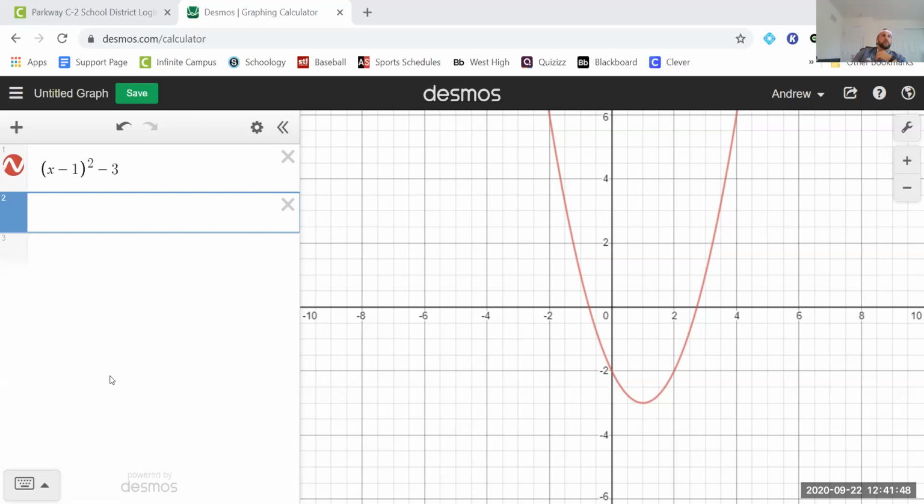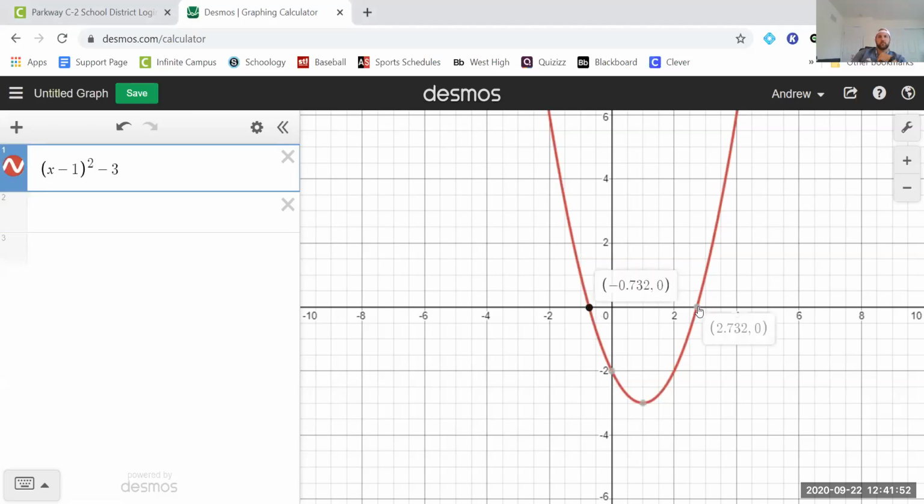The nice thing about Desmos is you literally just click the screen and it gives you the x-intercepts. That's why Desmos is by far the easiest. It just gives you all this information. You just click the vertex and there it is. You don't have to do lower bound, upper bound. You don't have to do menu. You don't have to do any of that stuff. It just gives it there for you.